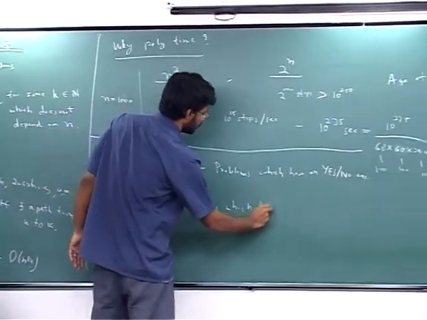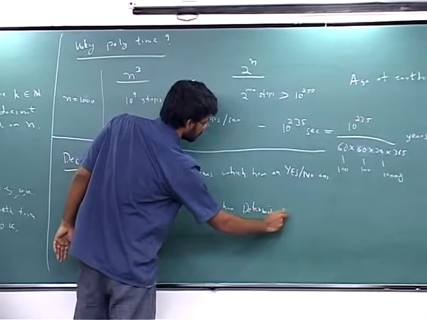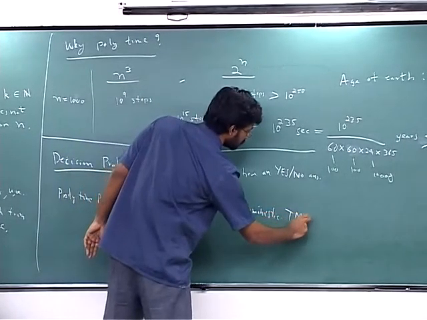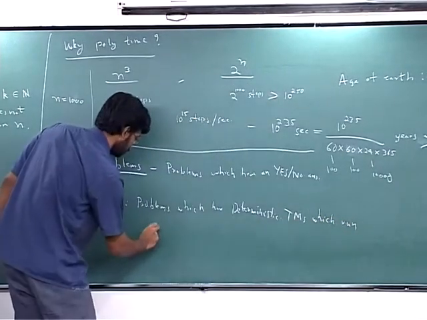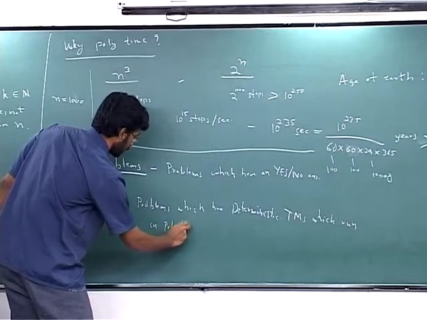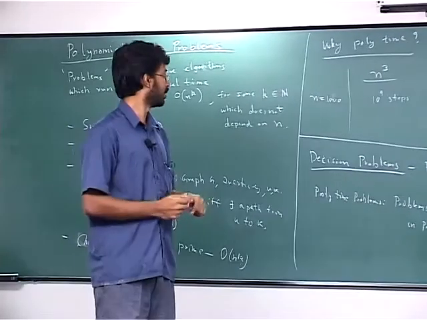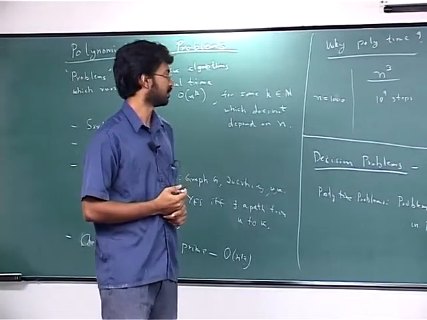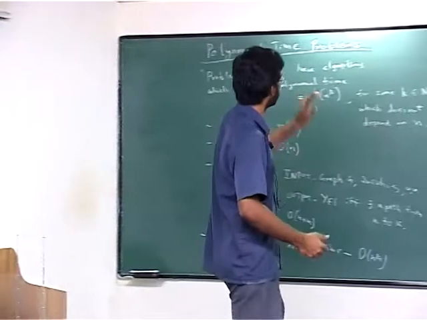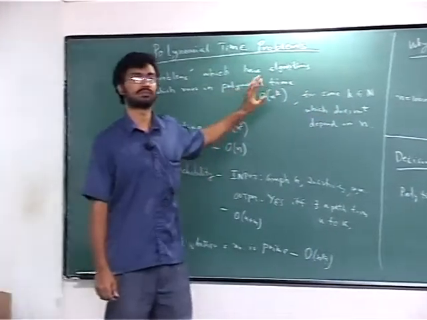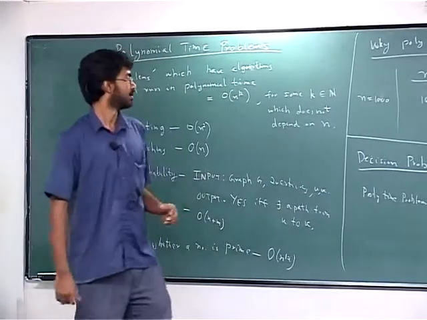Problems which have deterministic Turing machine encodings running in polynomial time. So I claim that these two definitions are the same.